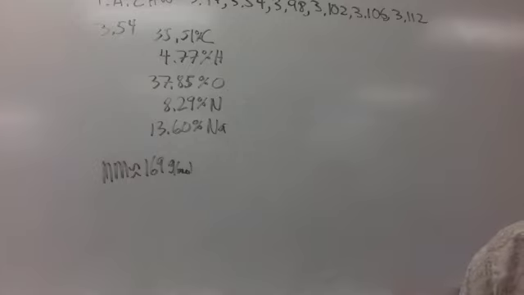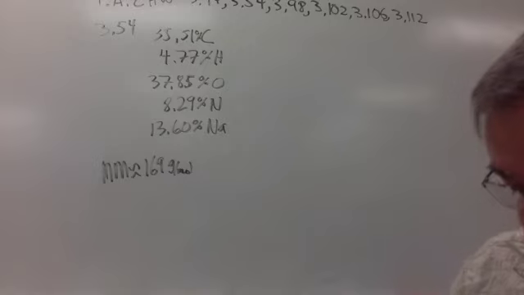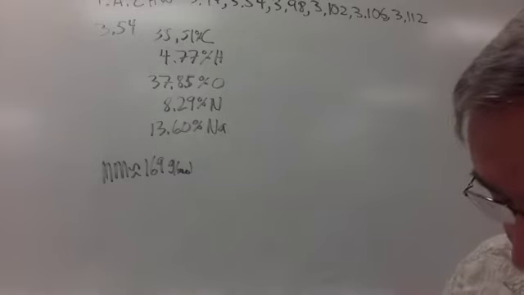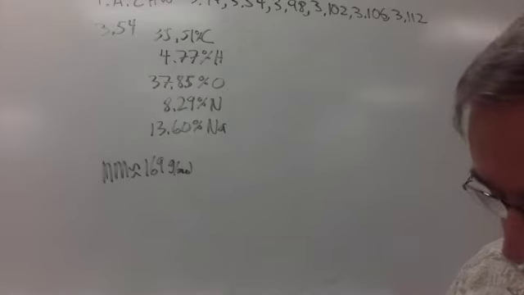Okay, our next question is 3.54. This is very similar to 3.44. When we read the question, it says monosodium glutamate, or MSG, a food flavor enhancer, has been blamed for Chinese restaurant syndrome, the symptoms of which are headaches and chest pains.